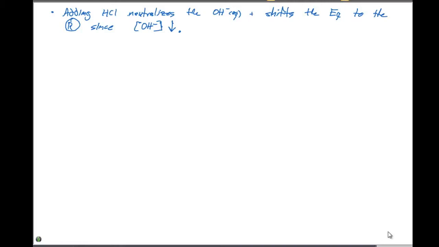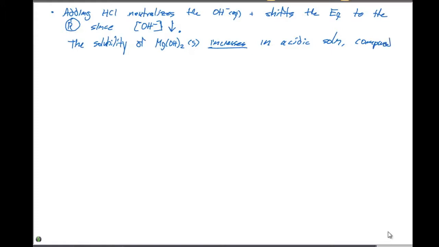As a consequence, the physical evidence that we have of this is that the solubility of magnesium hydroxide, Mg(OH)2, increases in acidic solution compared to an aqueous solution.